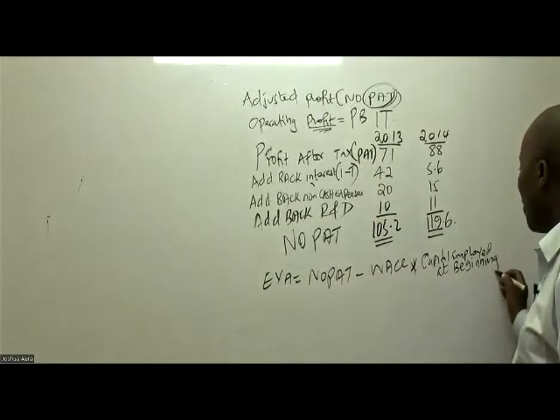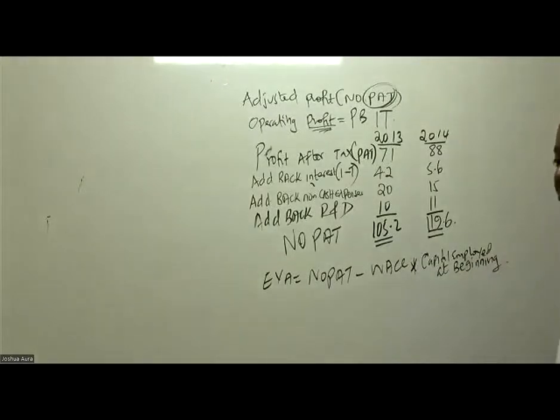Please write it like that. Fatima, I've seen your question, I'll be able to address it. So EVA will be NOPAT minus WACC times capital employed at the beginning, not at the end.